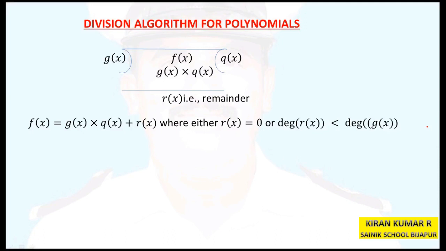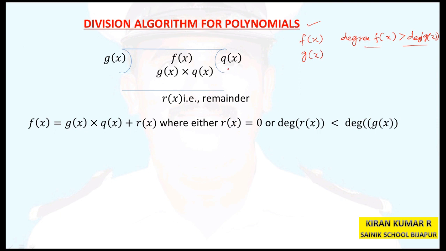Let us study another very important concept in this chapter, the division algorithm for polynomials. Here you will be given two polynomials, say f of x and g of x. Suppose the degree of f of x is larger than the degree of g of x, then we can divide the polynomial f of x by the polynomial g of x.